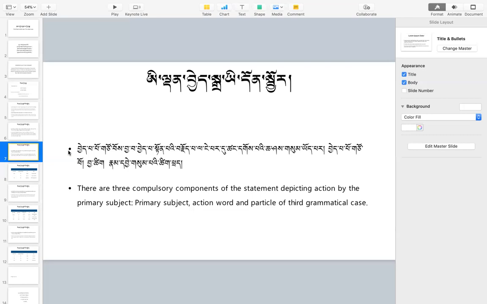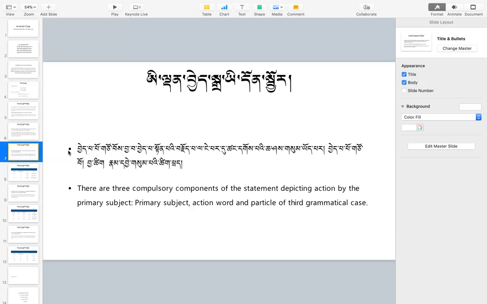But at the core, there should be some components which actually represent the very nature of the statement. That is, without these components written in this statement, the statement will be invalid to be recognized as such a type of statement.